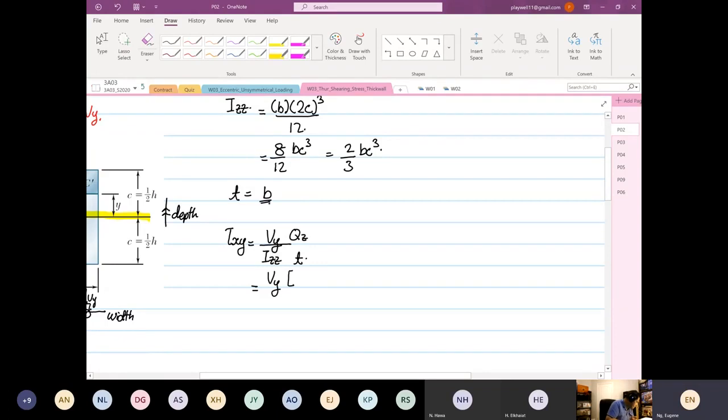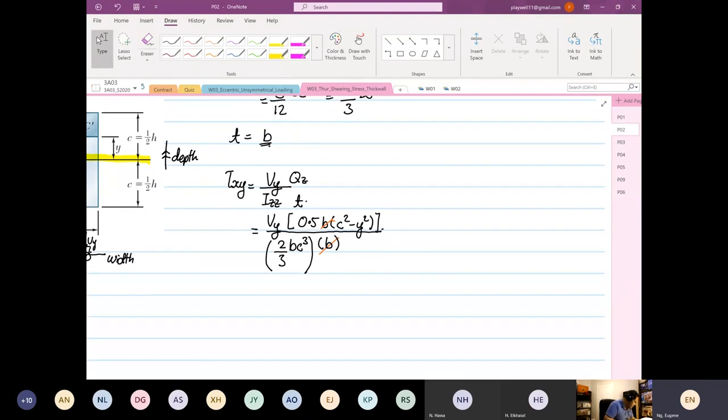Your Qz is equal to 0.5 B times C squared minus Y squared, then divide by Izz, which we derived is 2 over 3 BC cubed. Finally, your thickness is equal to B. So what we can do is strike the B off, and then I'm going to rewrite this expression.